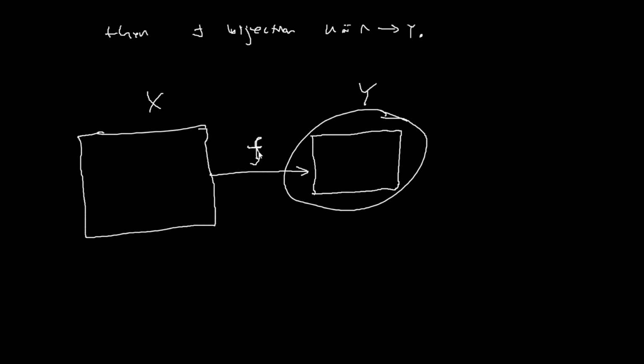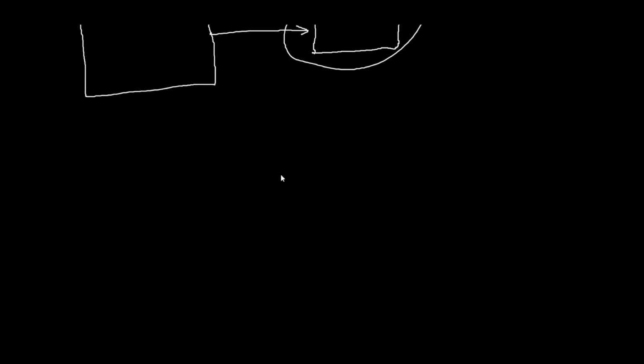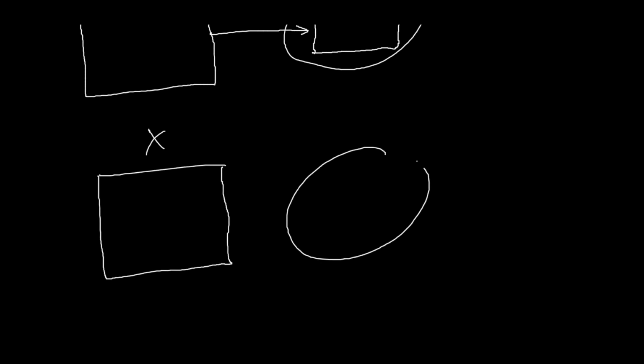Now, likewise, there is another mapping, g, that's also injective. And it embeds the circle Y into the square X, like this.